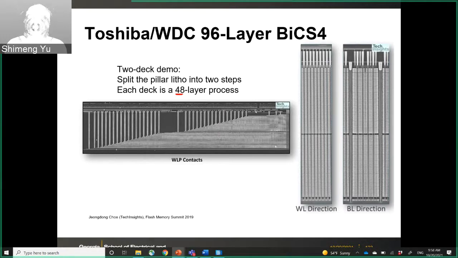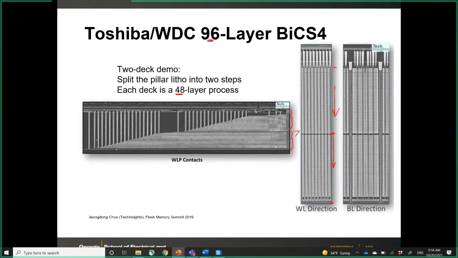But due to the limitations of the etching, you have to split the fabrication into 2 decks. This is the first deck, this is the second deck. If you zoom in, you will etch the first and then the second deck, because at one time it's very hard to etch through this very high aspect ratio. If at one time you can only etch 48 layers, you have to split the total 96 layers into two decks.